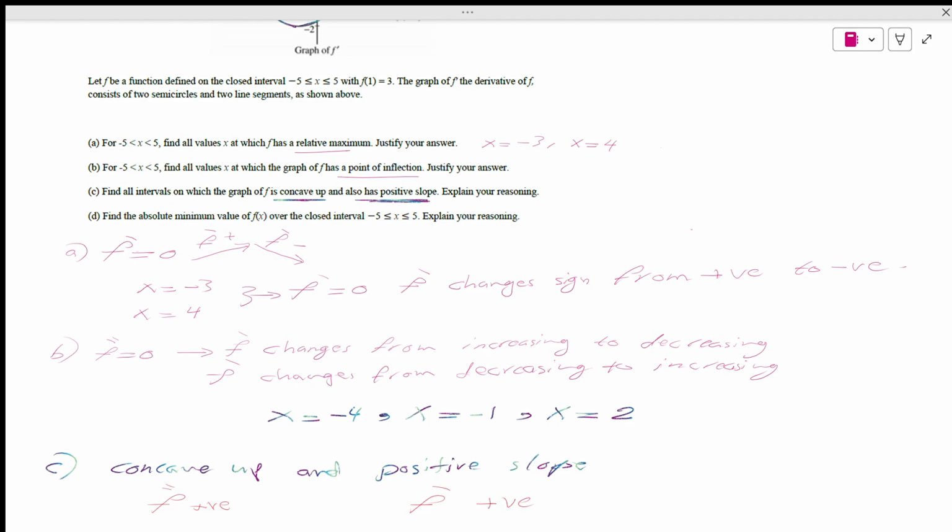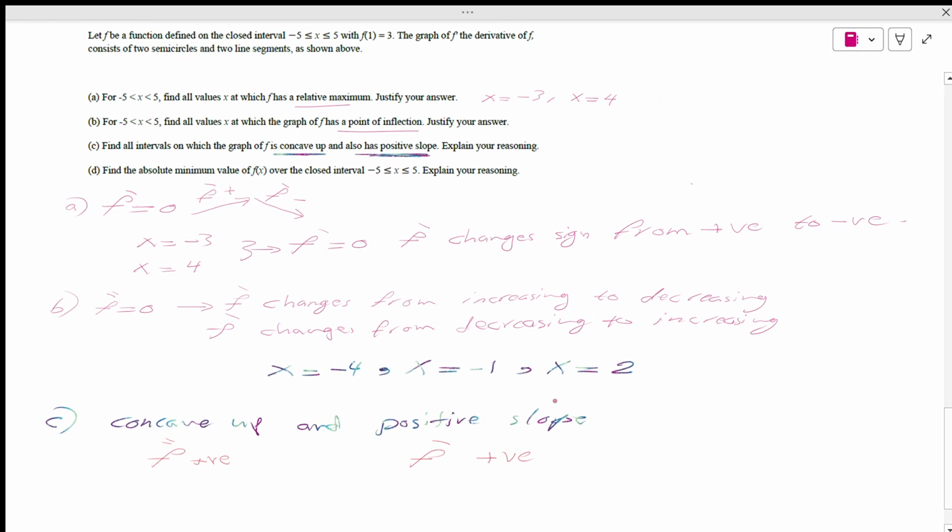F prime is positive, that means on the graph f prime needs to be above the x-axis, and f double prime is positive, so f prime should be increasing. When f prime is increasing, that means f double prime is positive, that means the function is concave up. And positive slope means that the first derivative is positive, that means f prime needs to be above the x-axis on the given graph.